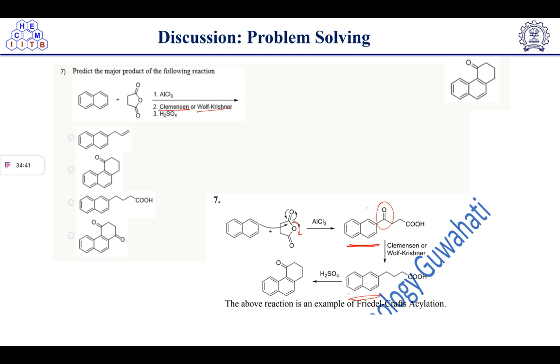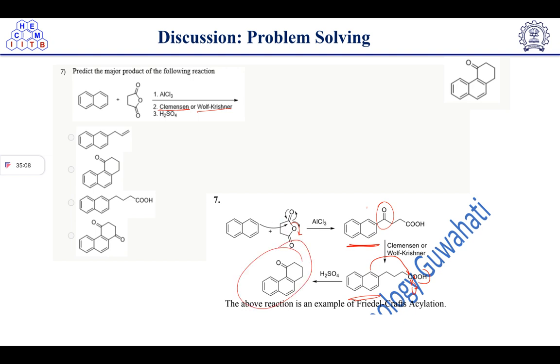Then in acidic condition, the cyclization will take place. So in acidic condition, what will happen? This double bond will again attack on carbon, which will look like this one, and it will open up. Now back push will eliminate the H2O group to give the corresponding cyclic product.